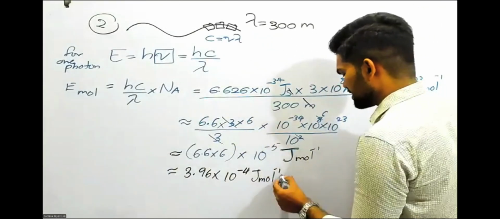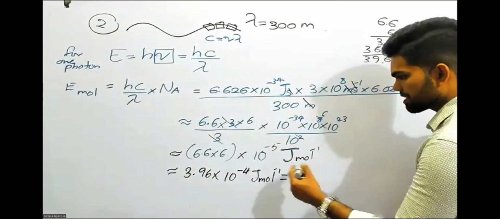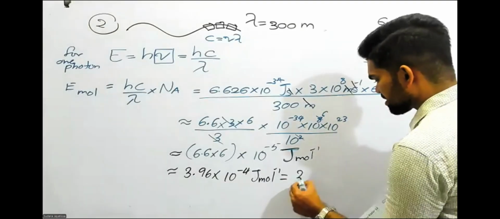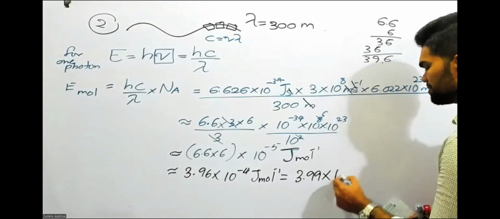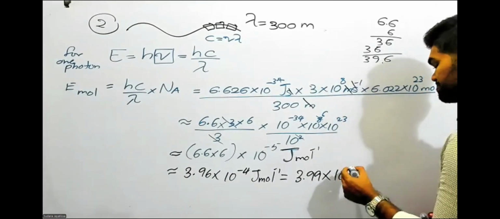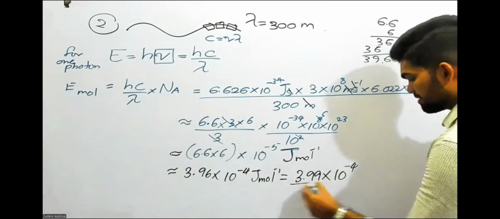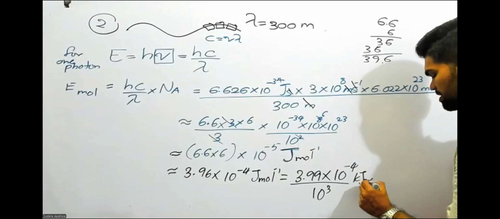Okay. So again, we can say the answer is given like 3.99. There are two answers. I'll put that number 3.99 into 10 to the power minus 4 division 10 to the power 3 kilojoule per mole.